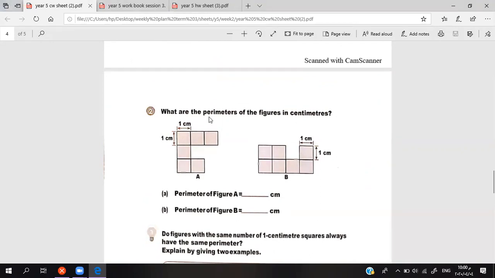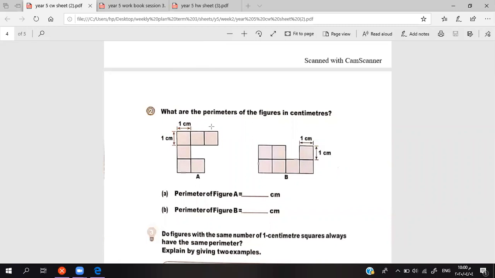Now this is not like a polygon, it's like squares beside each other. He's asking you to get it in centimeters, and he said that each side of the square gives you 1 centimeter. Now how do I do it?